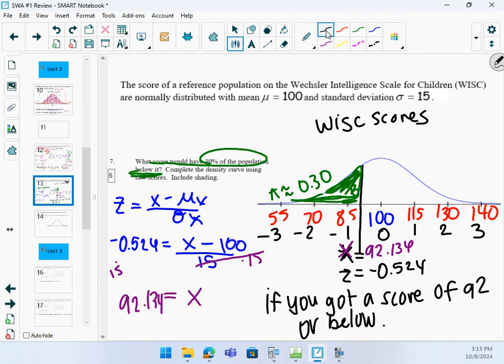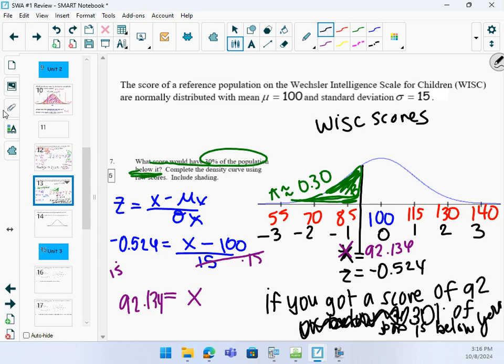If you got a score of 92, 30% of the population is below you. Kind of worded strangely, but I think you kind of get the point.